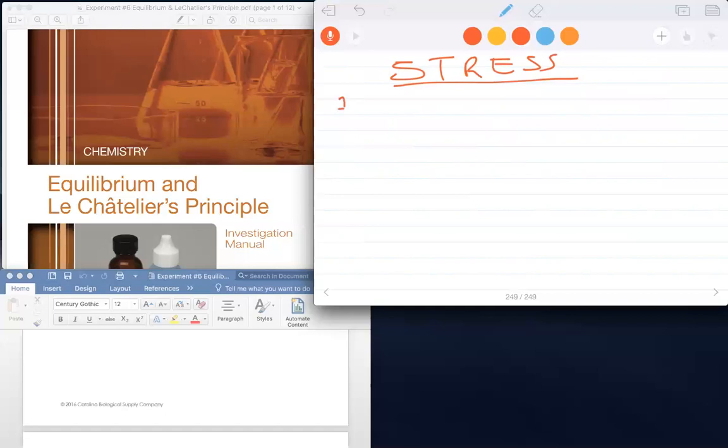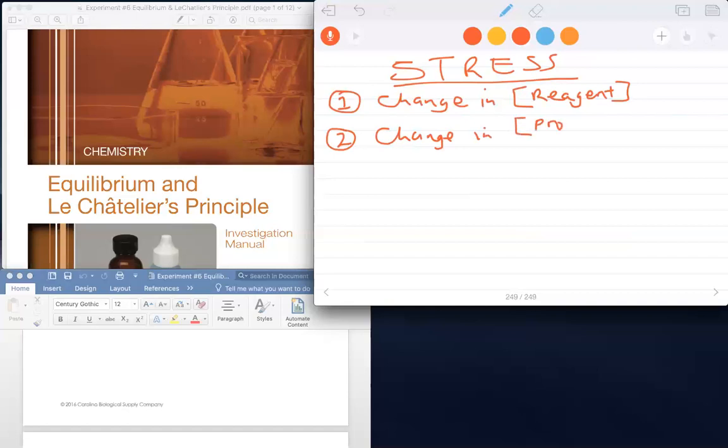One, this is a change in the concentration of the reactants. Two, a change in product concentration.